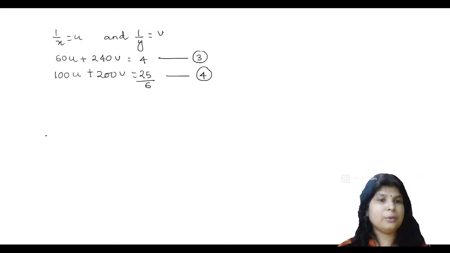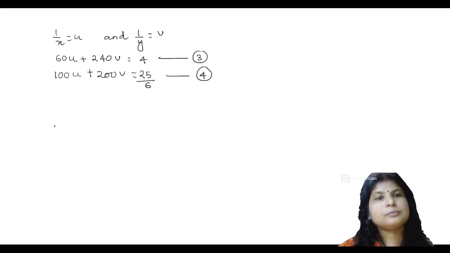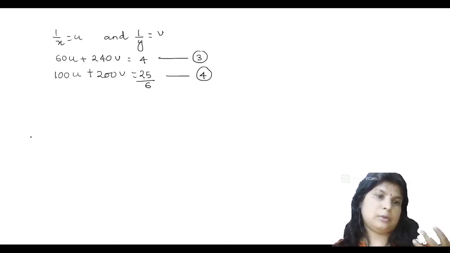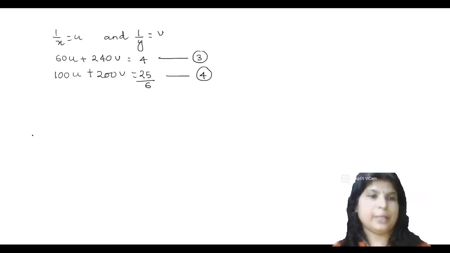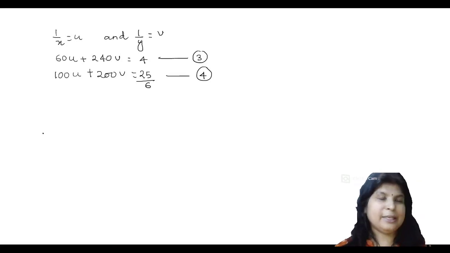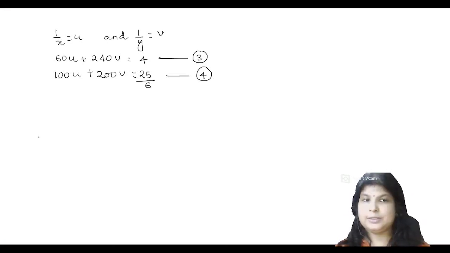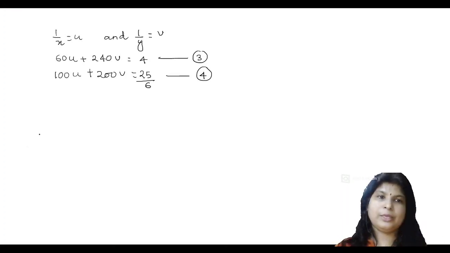Correct. So now what I will try to do is I will try to eliminate your u variable. Okay, I will try to eliminate your u variable. So for that, what I can do is I can multiply equation 3 into 5. So that becomes 300u, and I can multiply equation 4 with 3 so that it becomes 300u.